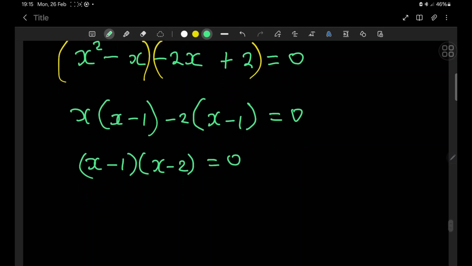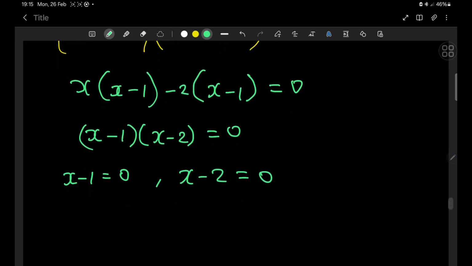Using the zero product rule, x minus 1 is equal to 0 and x minus 2 is equal to 0. So our critical values for this expression are x equal to 1 and x equal to 2.